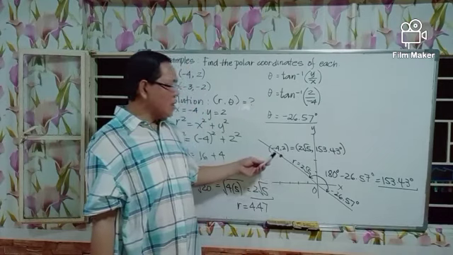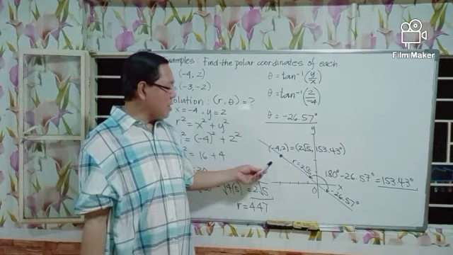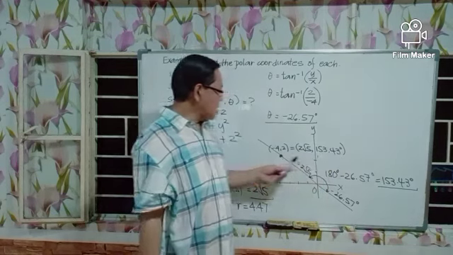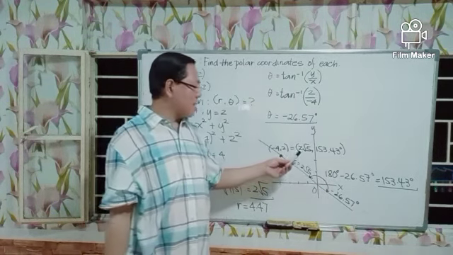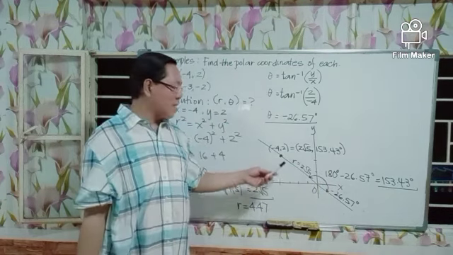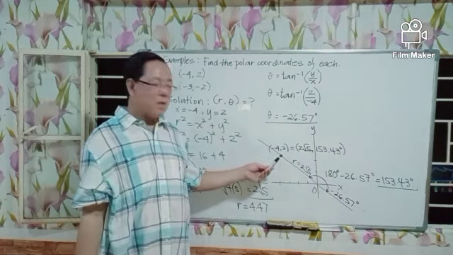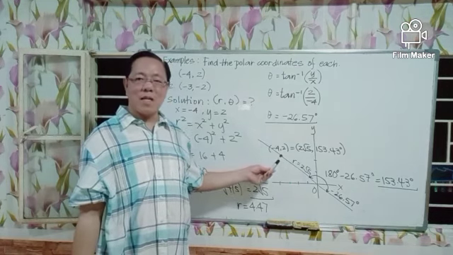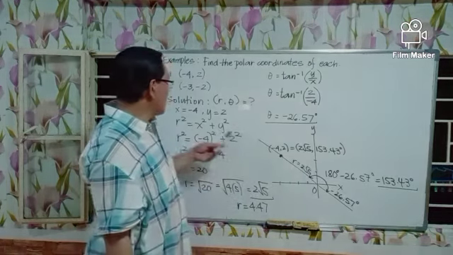So this point with Cartesian coordinates and this point with polar coordinates represent the same point, in the second quadrant. We now answer number 2.